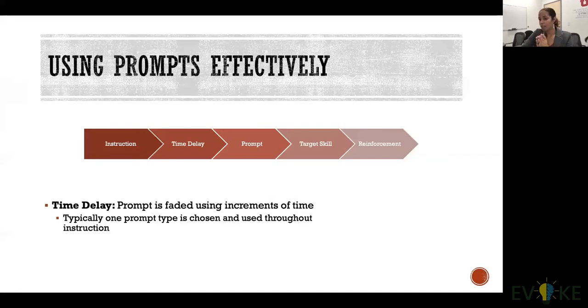And then if the child is not able to respond, providing the instruction again, but delaying it 2 seconds. For the next round, instruction, but delaying it 4 seconds, and so on and so forth. Typically, you may have a capped ceiling of how much time you're providing. An example would be 8 seconds, and that would be the highest amount of time that you would be waiting for the child to respond.